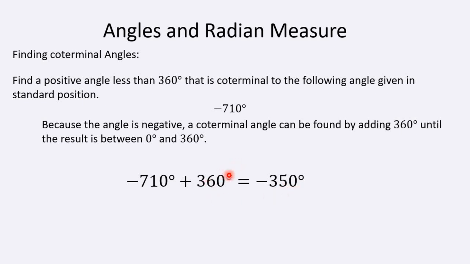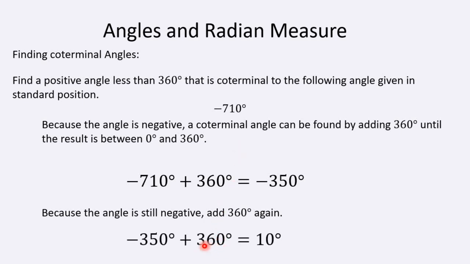I've only added one revolution, though. I can keep adding revolutions until I get within the range of 0 to 360. So I'll just add another revolution. If I add another 360 to negative 350, I'll get 10 degrees. 10 degrees is positive and less than 360 degrees. Therefore, 10 degrees is a positive angle that is less than 360 degrees and also coterminal to negative 710.